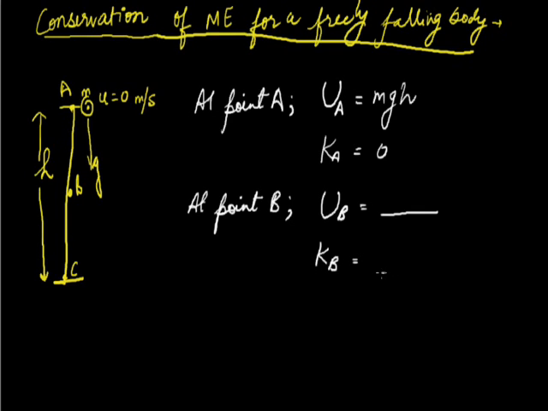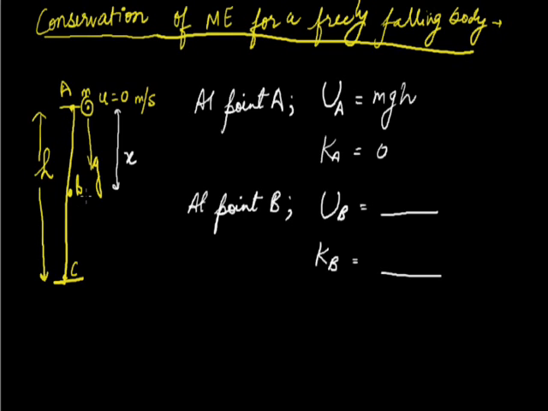Now at point B, the potential energy should have some finite value, and the kinetic energy at point B should also have some finite value, because after traveling the height x, in reference to point C it is still at a certain height, so the object should possess potential energy.